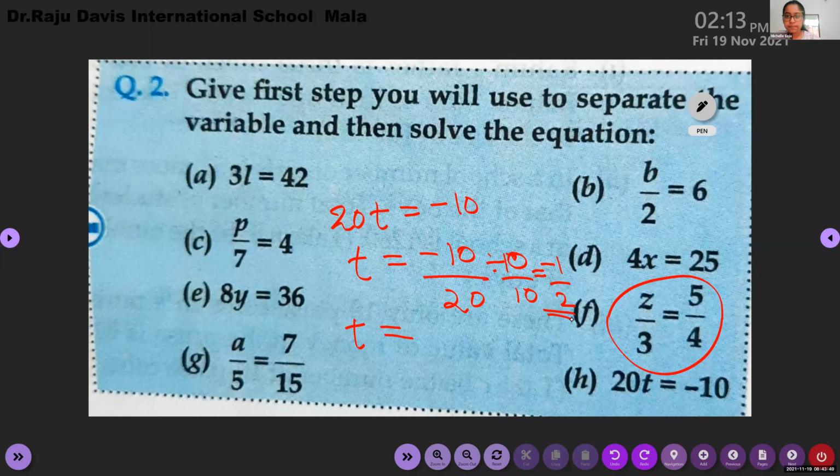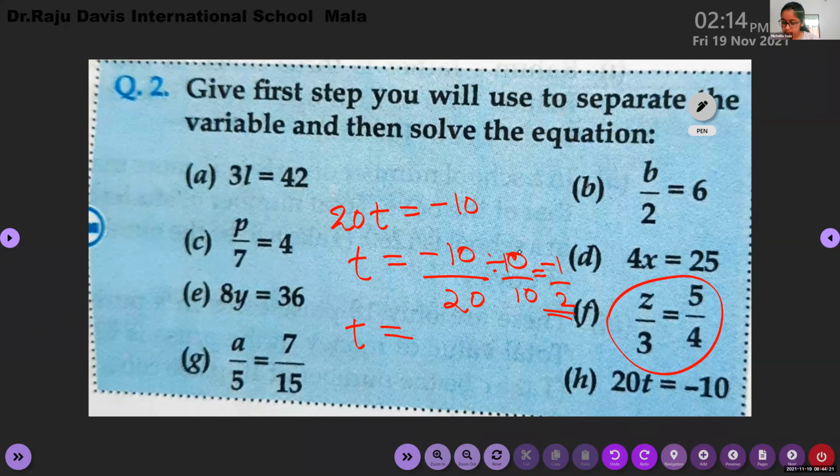Numerator becomes denominator when you take it to the other side. And also the signs will change: if it is negative on this side, it becomes positive on the other side. But for division and multiplication, signs will not change. We don't take the sign to the other side. But suppose it is a minus 7 is equal to 3, you take the sign also: a is equal to 3 plus 7.